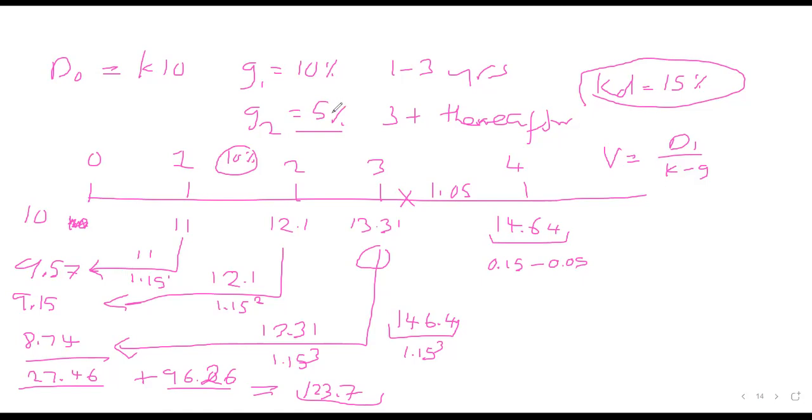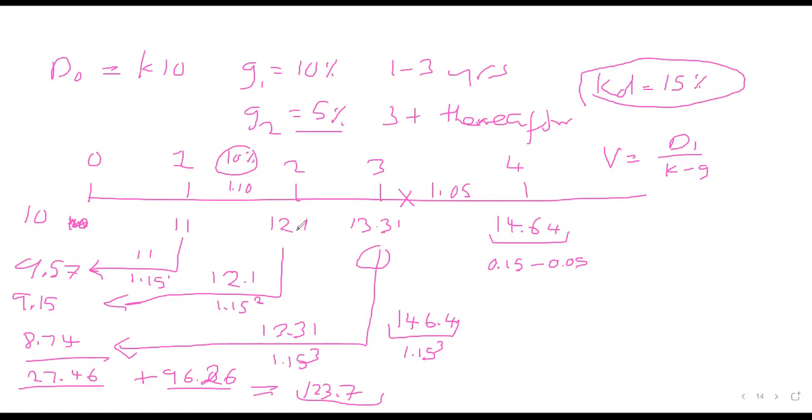Yes. Sorry, could you just repeat on the adjusted figure? I think I don't get that clearly. So for us to get 10 to 11, we just multiply it by 1.10. 11 to 12.1, we multiply by 1.10 because 1 plus r, this is 10%.